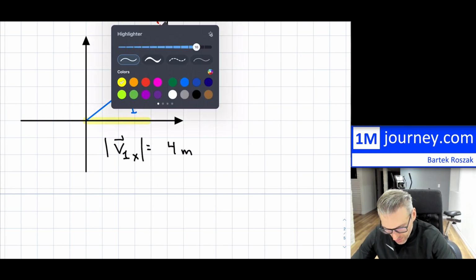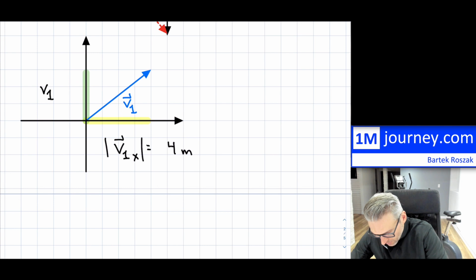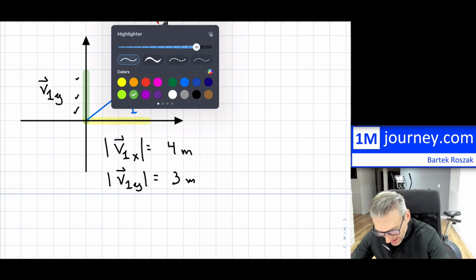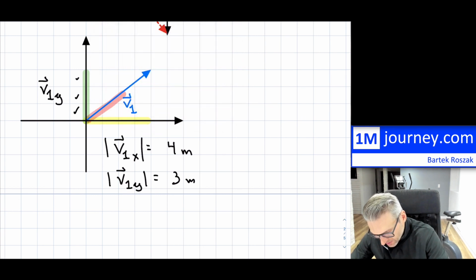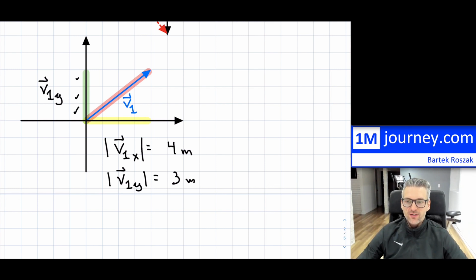Now, the y component right here is going to be in the y direction. So this is going to be v1y of that vector. And that is 1, 2, 3 components. So if I take v1 of y, the magnitude is 3 meters. And the entire length of my whole V1, I can once again find out.